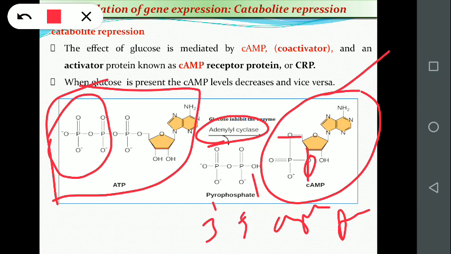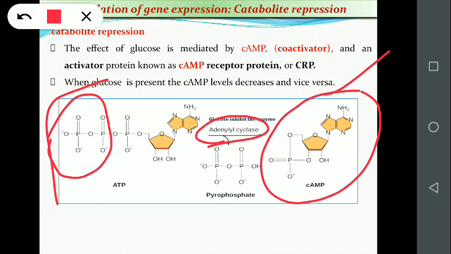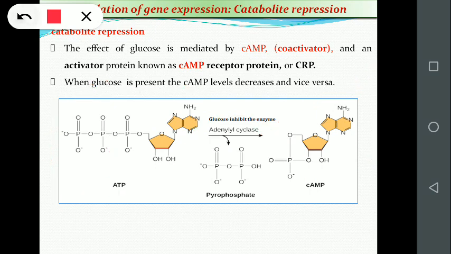One important thing we have to remember is that in the presence of glucose, the cyclic AMP levels rapidly decrease. Even if a small quantity of glucose is there, the cyclic AMP levels rapidly decrease. If the glucose is absent, the cyclic AMP levels go up very rapidly.